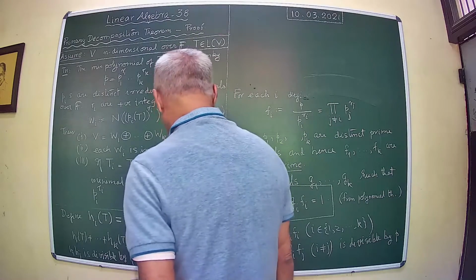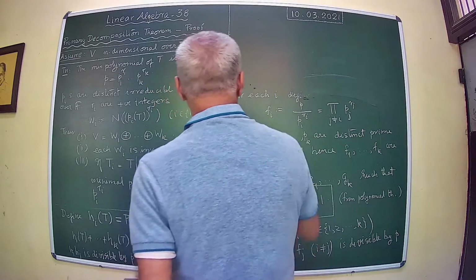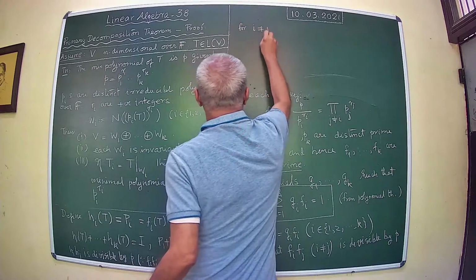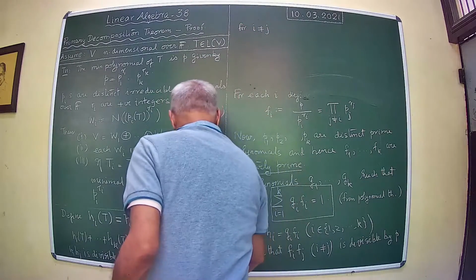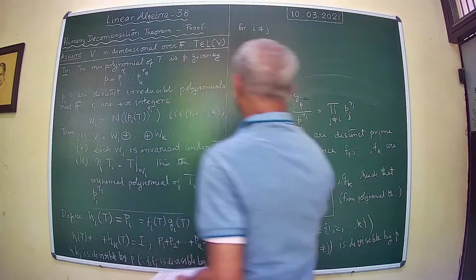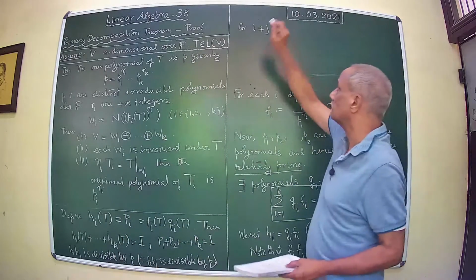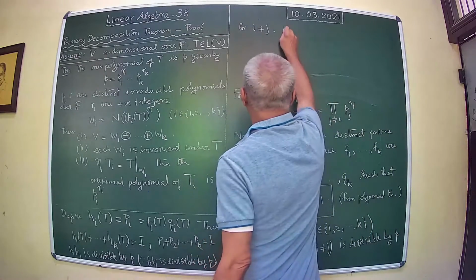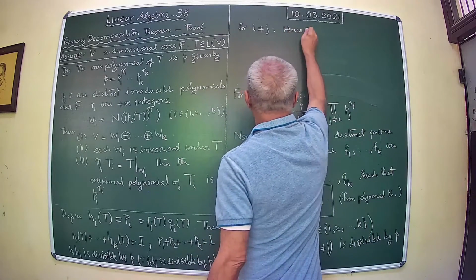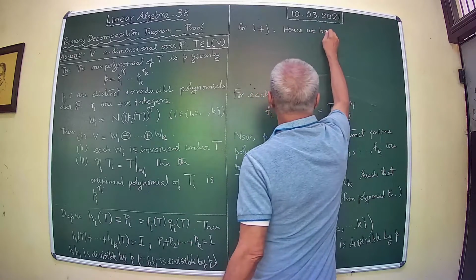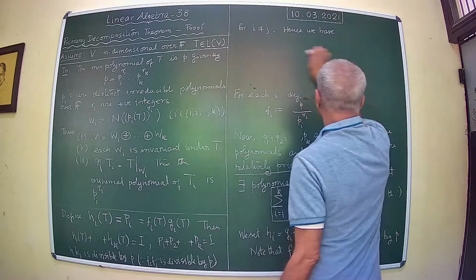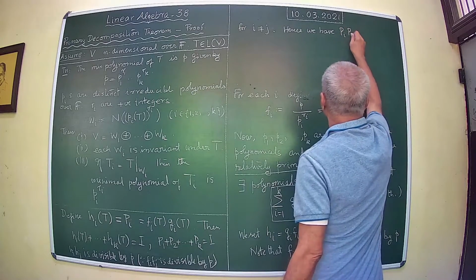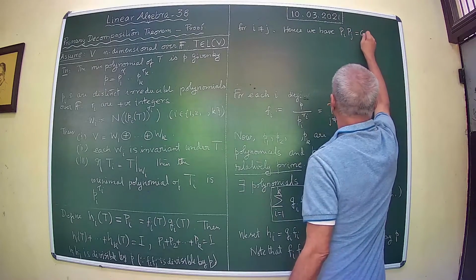This is true for i not equal to j. Therefore what you get is Ei Ej equals zero.